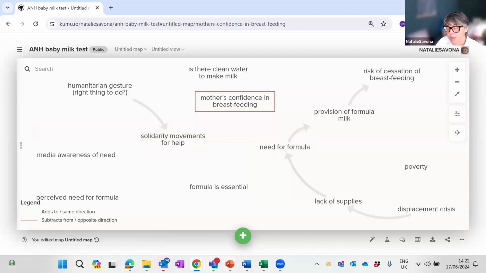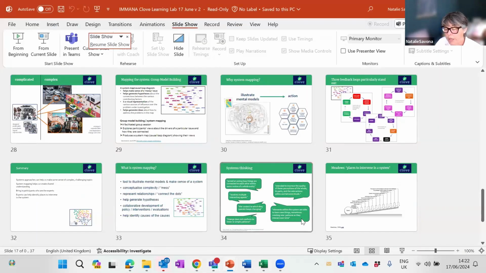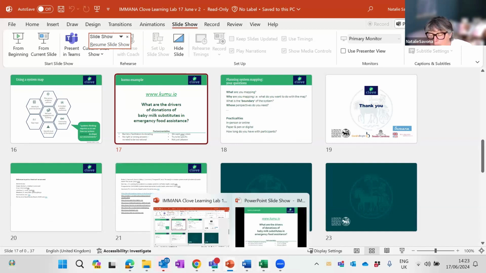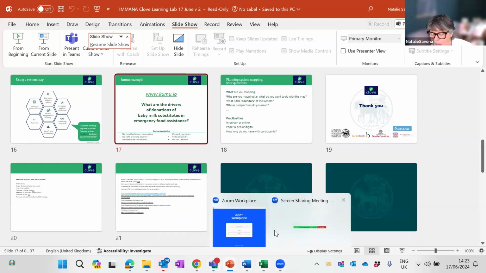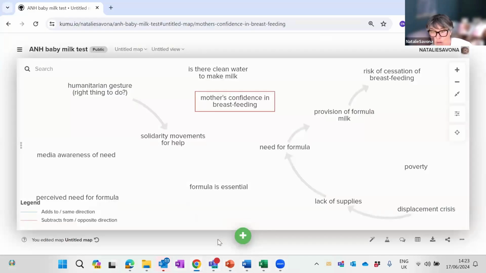So one of the things we said we wanted to get people to do was to come to the session with an idea of what you wanted to discuss, what you wanted to map, and we could help you think through how to pinpoint the question. So I would argue that the Kumu element is something you can play around with in your own time and get tutorials on.